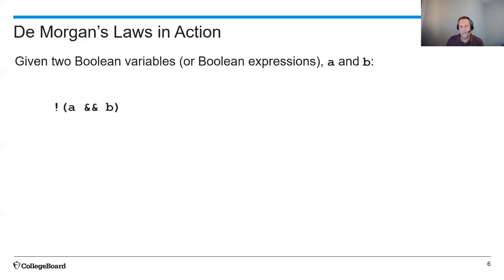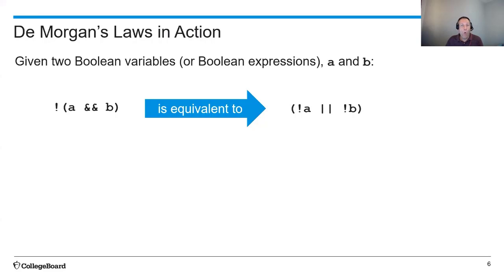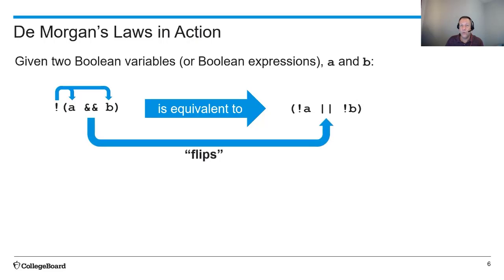Here's what De Morgan's laws say. If I have two Boolean variables, or they could be Boolean expressions, but for right now, let's just talk about variables, A and B. So if I have A and B, and I have a not symbol on the outside of that, De Morgan's laws say that that is equivalent to saying not A or not B. Basically, what the laws say is that if you distribute the not to the A and to the B, you can flip the and to an or, and you have equivalent expressions.